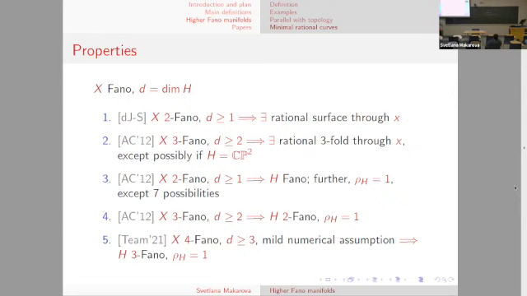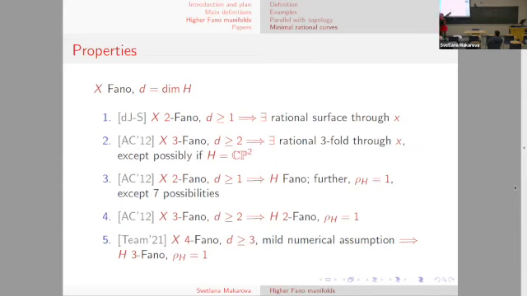They also prove that if X is 2-Fano and D is at least 1, then H is Fano, and the Picard rank of H is 1, except for 7 explicit possibilities that they list. They also show a similar thing for 3-Fano manifolds.